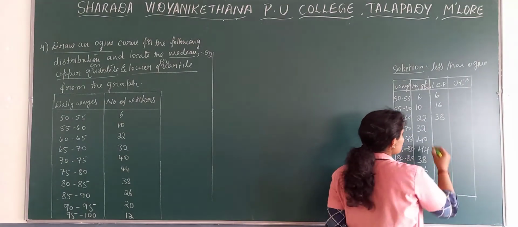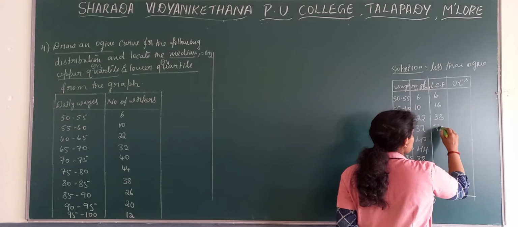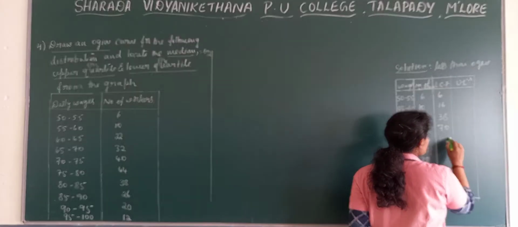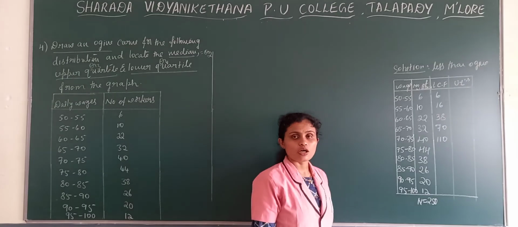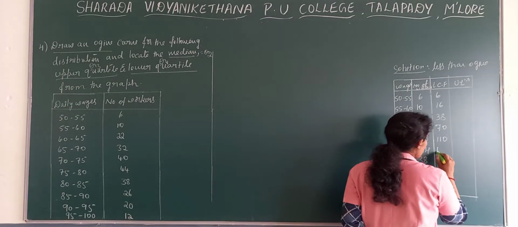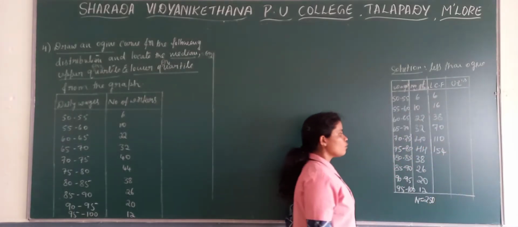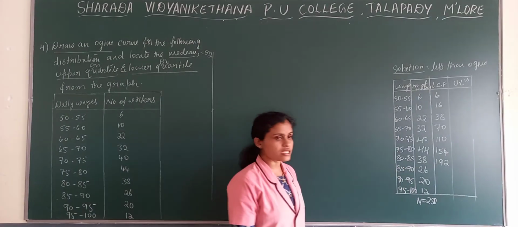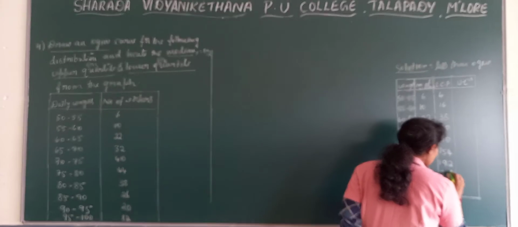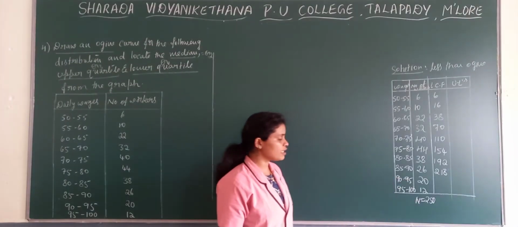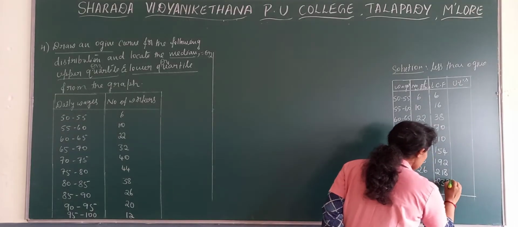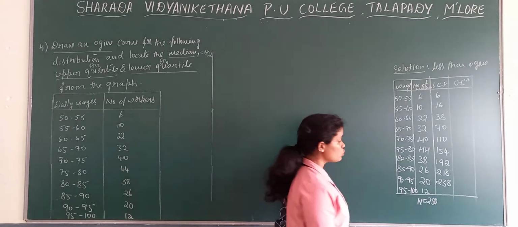Next, 38 plus 32, there we get 70, 70 plus 40, 110, 110 plus 44, 154. Then 154 plus 38, that is 192, 192 plus 26, 218, 218 plus 20, 238, 238 plus 12, there we get 250.